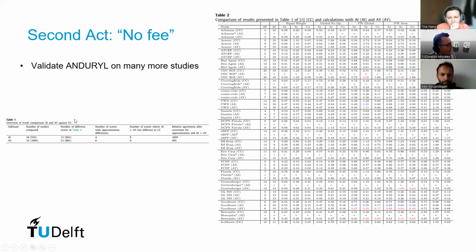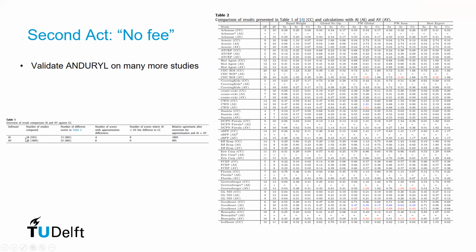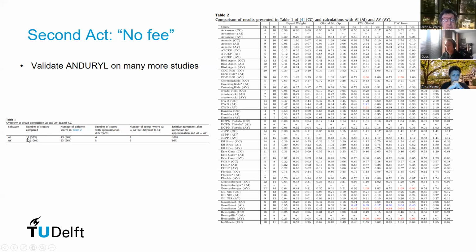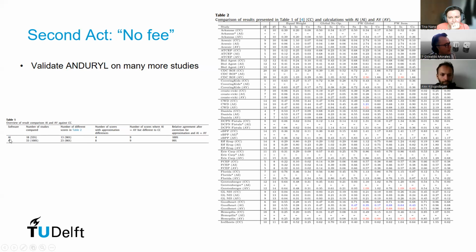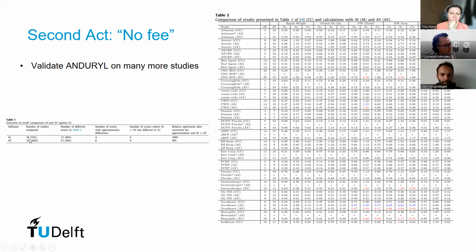Okay, but what we found is Anduril in MATLAB, we were able to test in 18 studies because if you remember, it only implemented 3 quantiles, so that's why we couldn't test all 33 studies that we were able to test with the Python version.